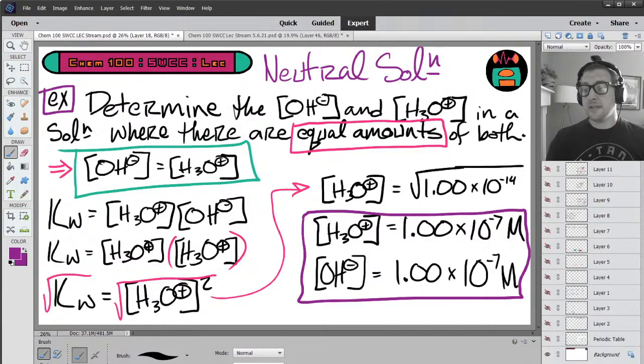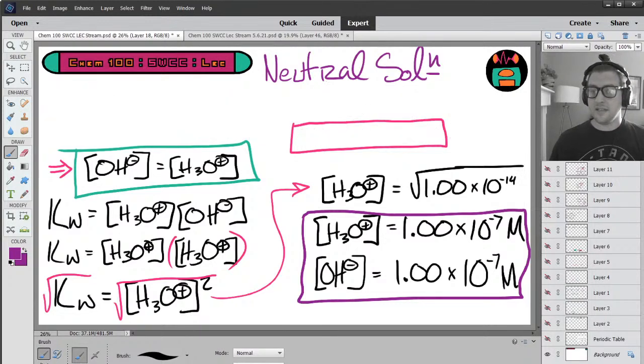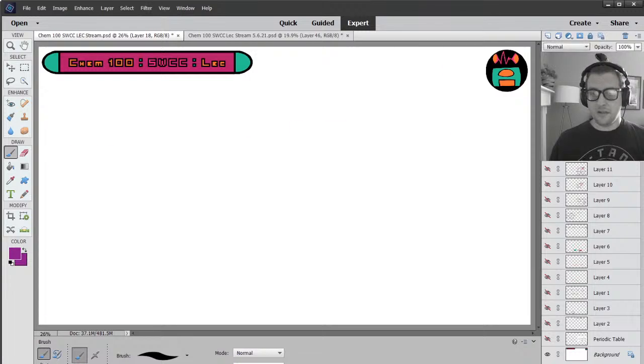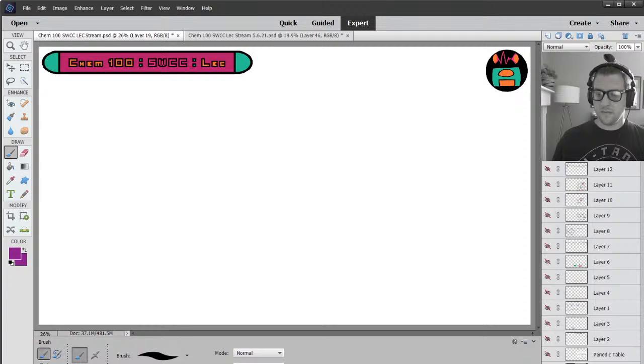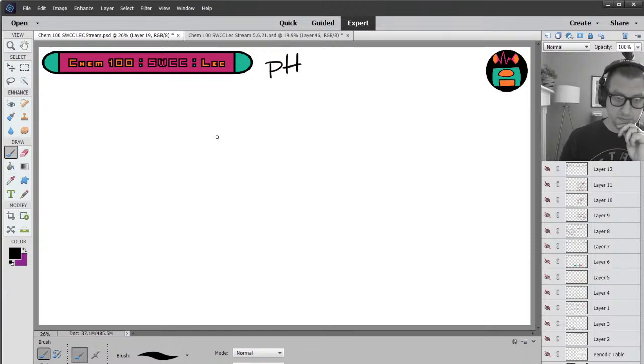We developed a system, a scale, to make the numbers easier to communicate as far as concentration of hydronium and hydroxide go. And that scale is called the pH scale.